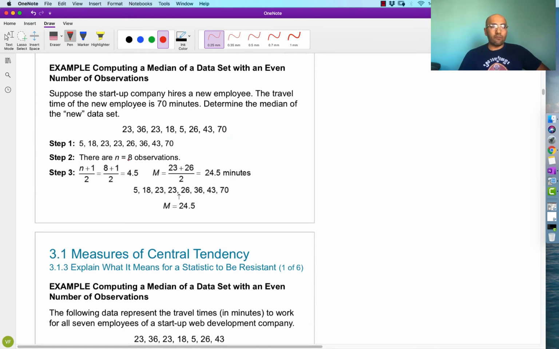So following our little formula, we half that, and that'll get us to n plus 1 divided by 2. Okay, I'm not sure I like that. So we get 8 plus 1 divided by 2, which is 9 divided by 2.